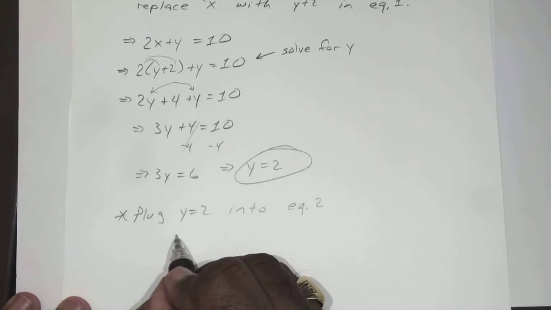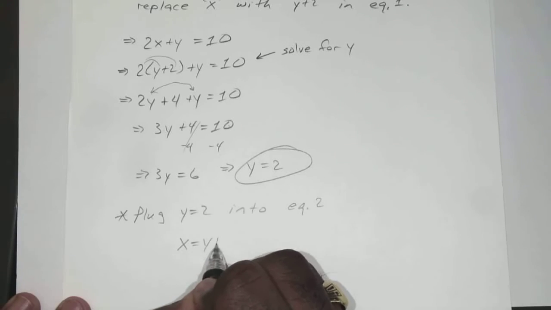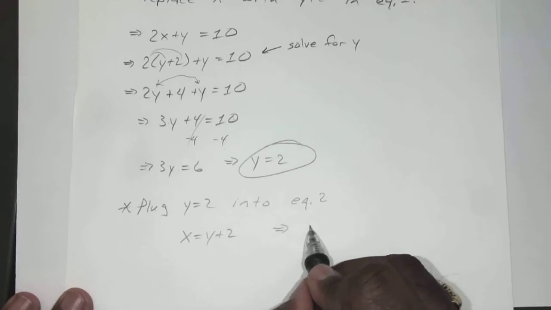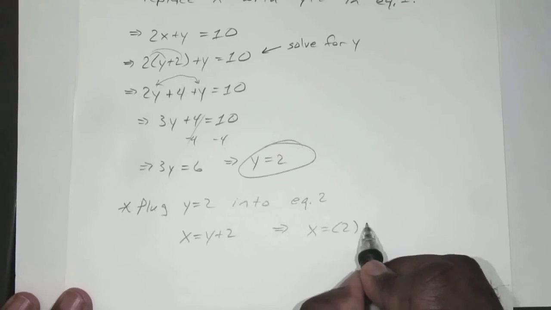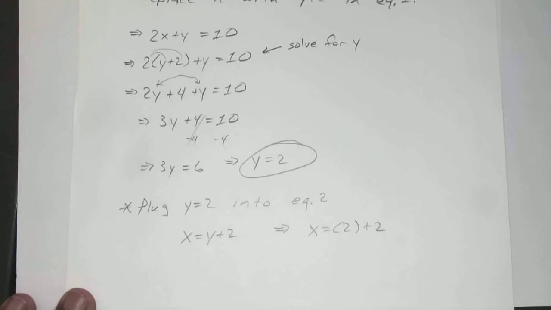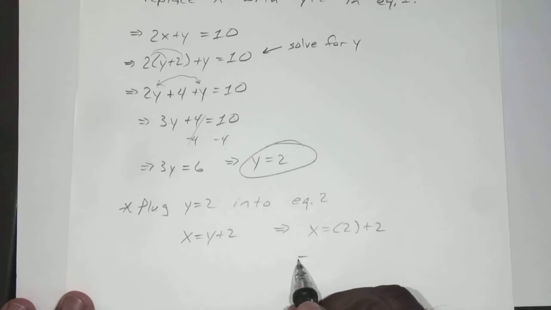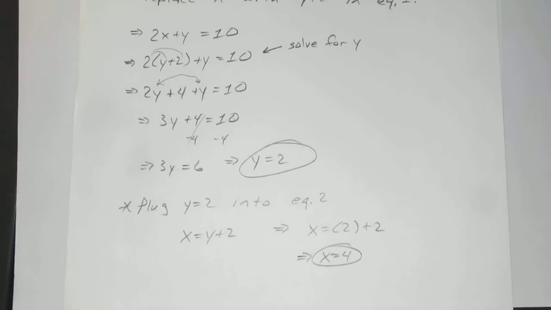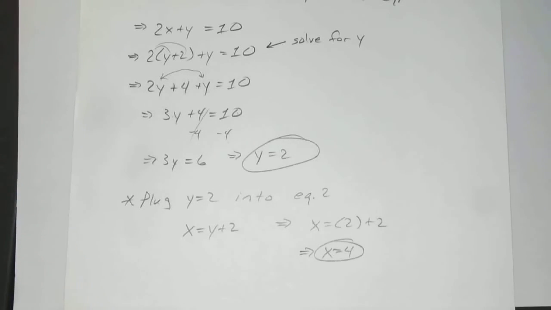Since our second equation is x equals y plus 2, that just becomes x equals 2 plus 2, or x equals 4. So we know that the solution is (4, 2).